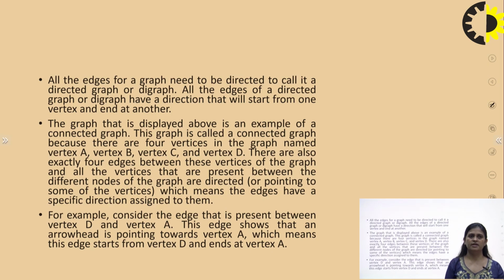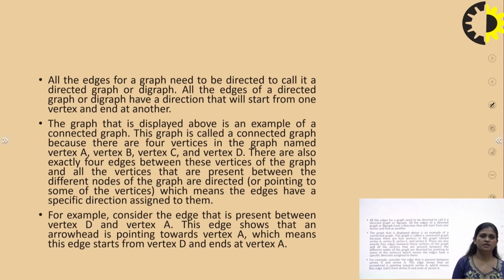The graph displayed above is an example of a connected graph, because there are 4 vertices A, B, C, D, and also 4 edges between them, and all the edges are pointing to some other vertex of the given graph, which means the edges have specific directions assigned to them.